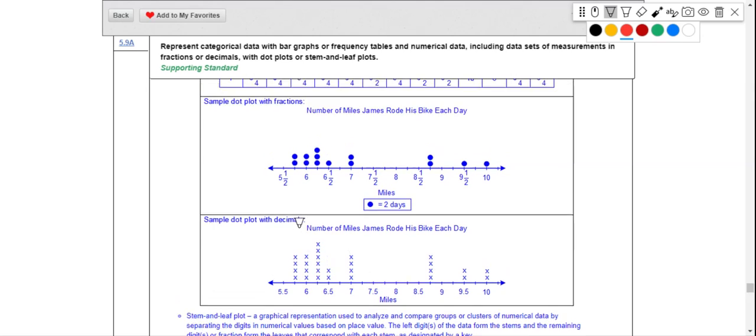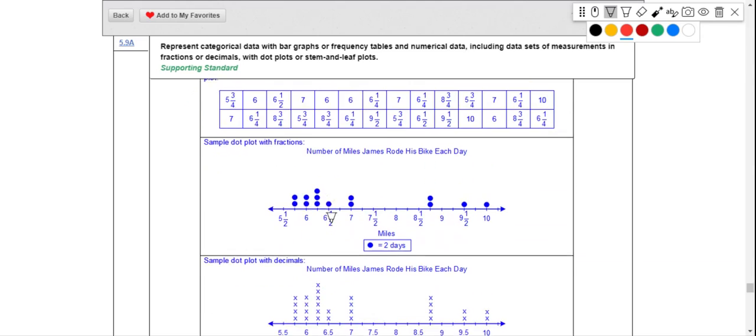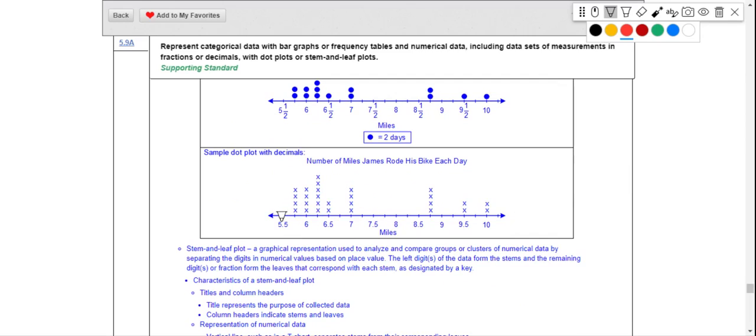Well, I know that I was going by fourths, 3/4, 1/2. There's a fourth there. So I know that in between 5 and 5.5 is 5.75, which is the same as 5 3/4.